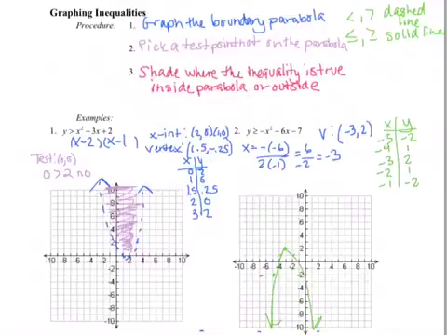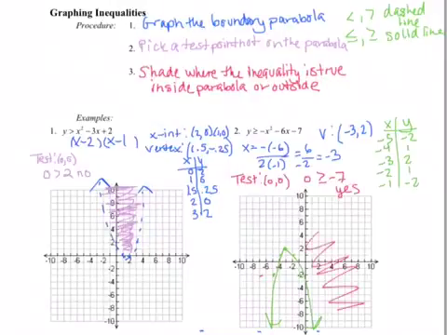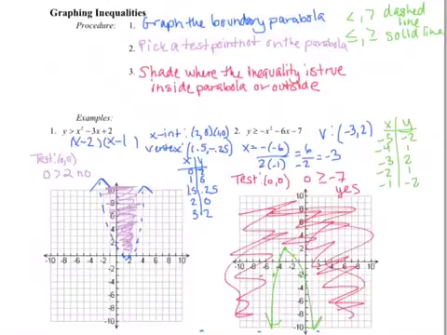Okay, again, I think (0, 0) would be a decent test point because it's clearly on the outside of the parabola. If (0, 0) was on my parabola, I'd want to choose something else. But in this case, (0, 0) will work. So I get 0 is greater than or equal to negative 7, which this time is true. So this time I want to shade where the (0, 0) is, which is on the outside of the parabola.